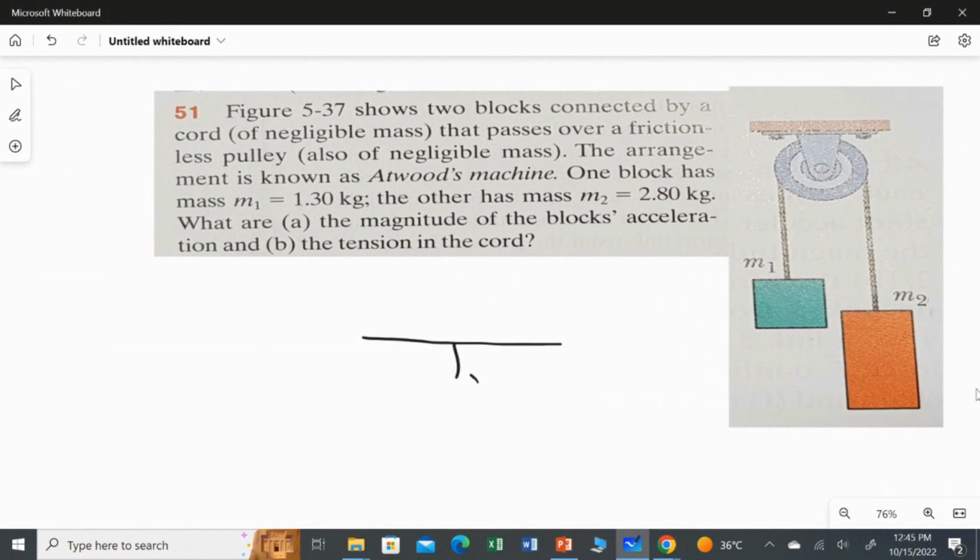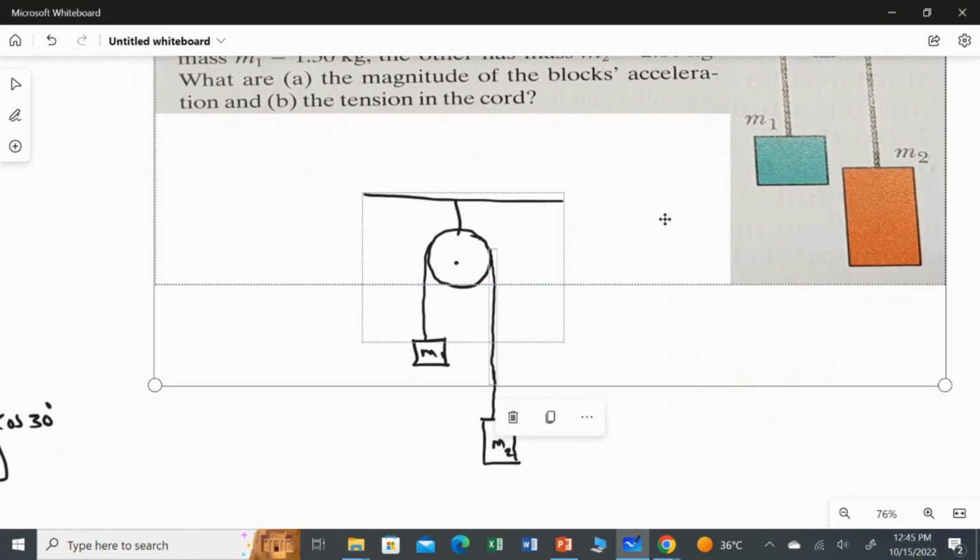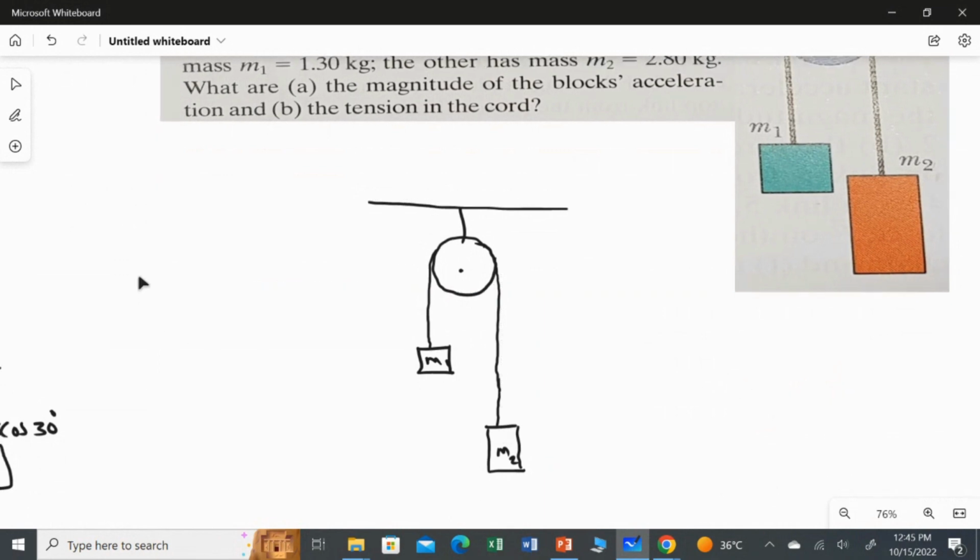We have a pulley, and on this side we use a wire or string or cord which carries a block of M1, and this side we have another mass M2. So this one is M1, this one is M2. Clear? Okay.